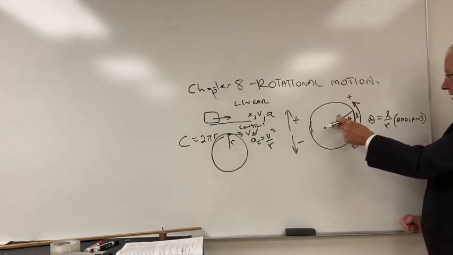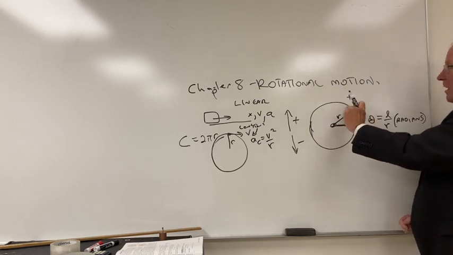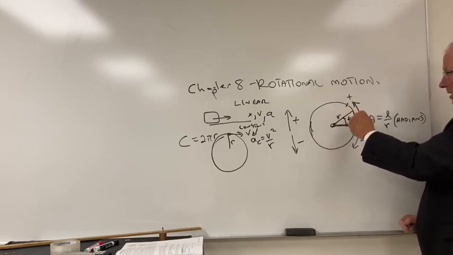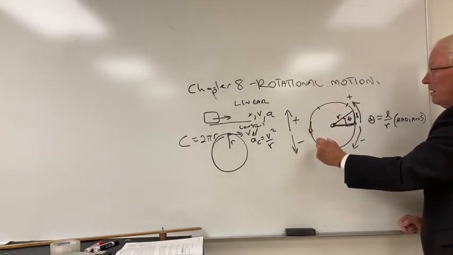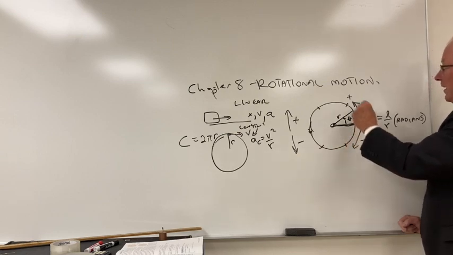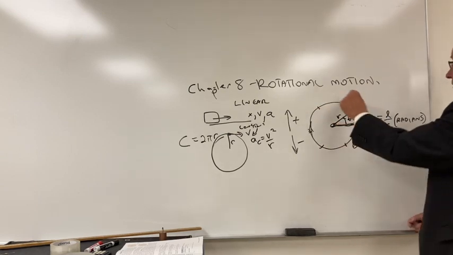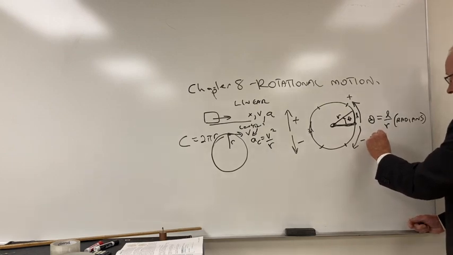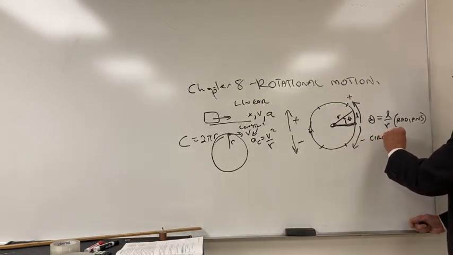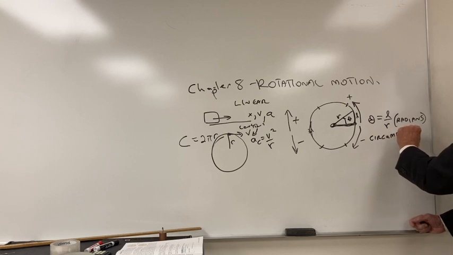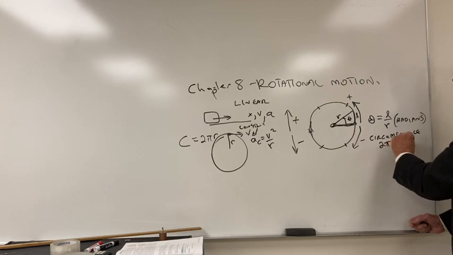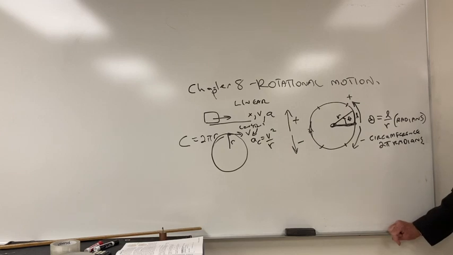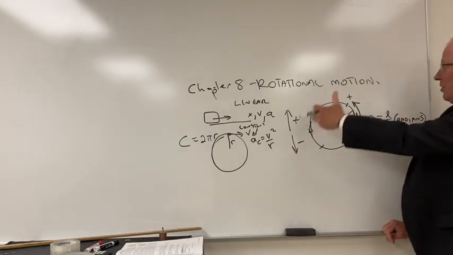If you go 1 radian, that would be a distance r equal to L. 2 radians would be that far, then 3, 4, 5. In a circle, the circumference in terms of radians is 2 pi radians. So it's not an actual measurement of distance, but how far in terms of angle.